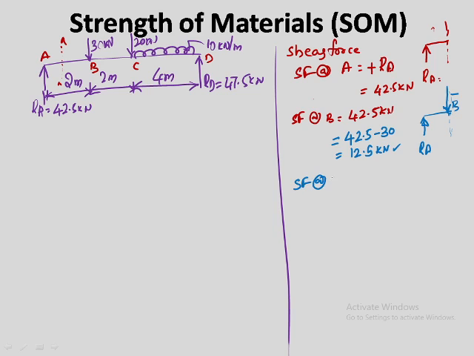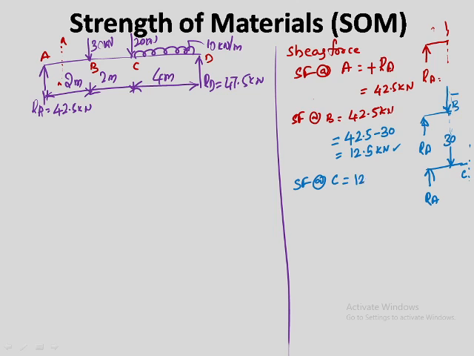Shear force at C. Now shear force at C. Again, I'll go for the same case here. Now this is RA. This is a 30 kilonewton load here. So now you have a section, or a point C, here. Now what is the total load here?